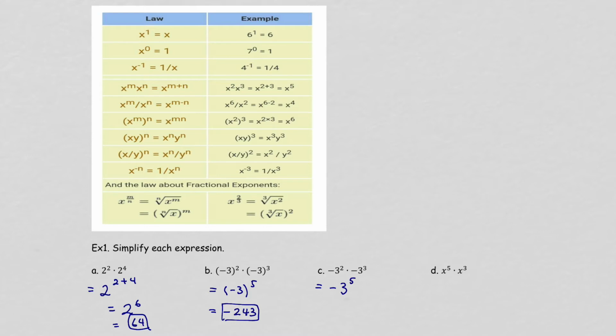So we'll give you 5, but that 5th exponent is going to apply only to 3, not the negative. So that will become negative 243. Same thing, even if it's not a number but a variable. Same base, multiplication, then add the exponents. So it will be 5 plus 3, which is x to the 8th exponent.